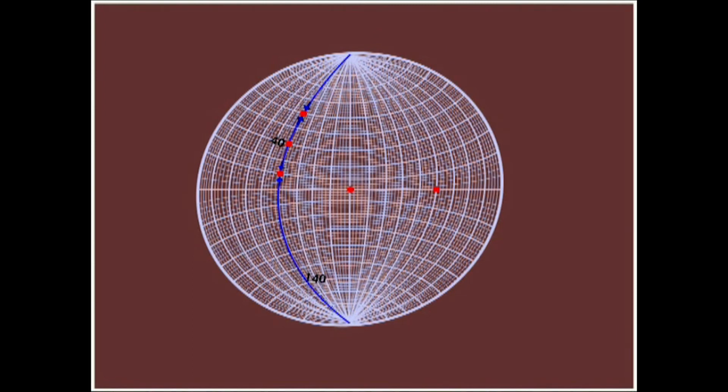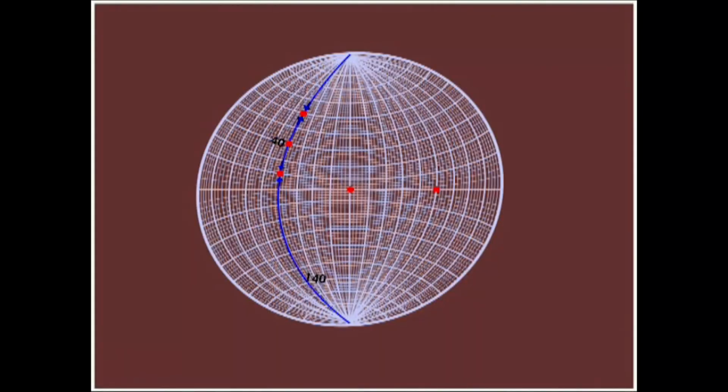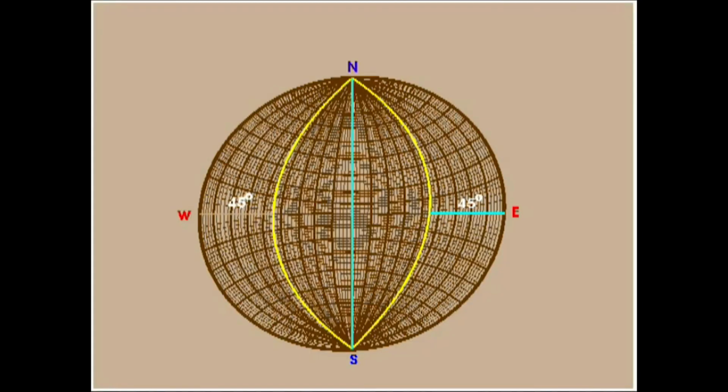We must remember at this point, however, that on the stereographic projection only the orientation of the planes are projected, not the shape of the structure produced by these two planes. If you try to visualize three dimensionally, two intersecting planes may represent any of the four possible folds.